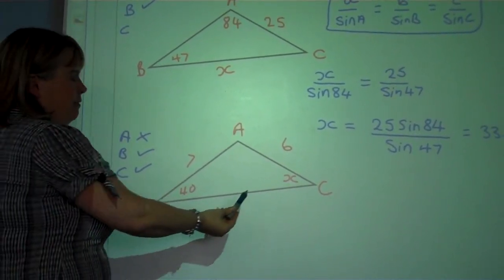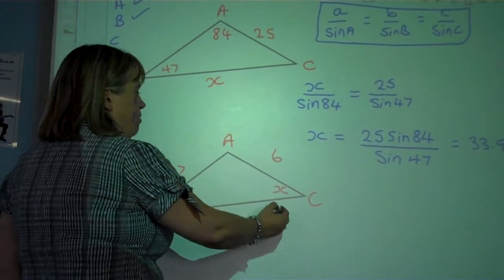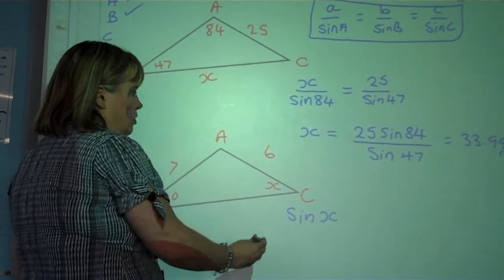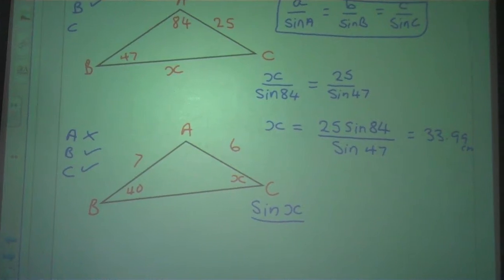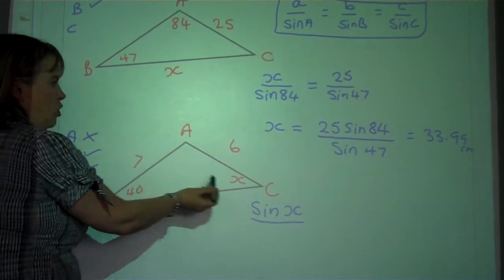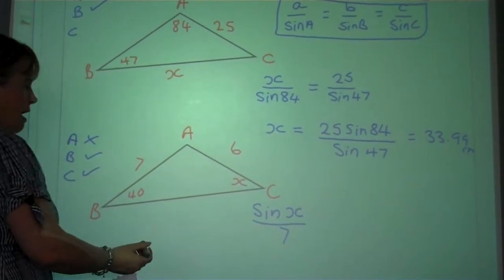This time I'm trying to find an angle, so it's the angle that goes on the top. So I'm going to start with sine x on the top. What would that be divided by? What's opposite to sine x? The 7. You're looking for the angle and the side that's opposite. So it's going to be divided by 7.